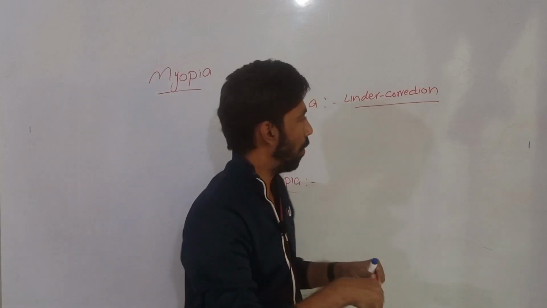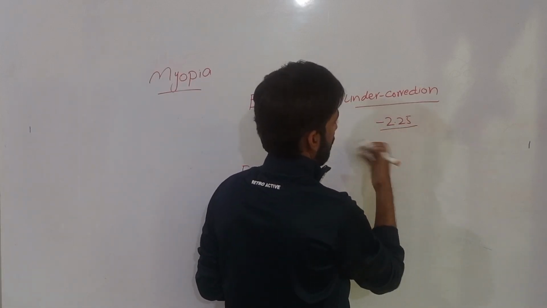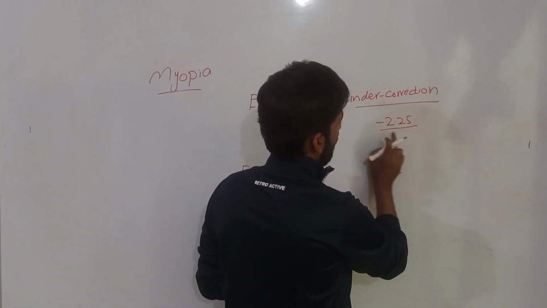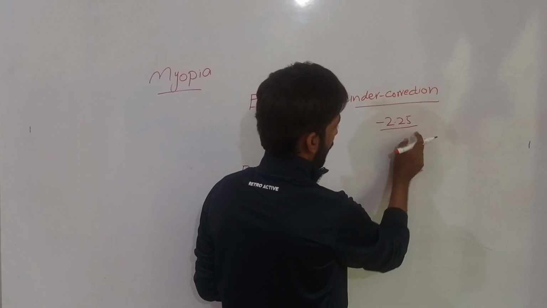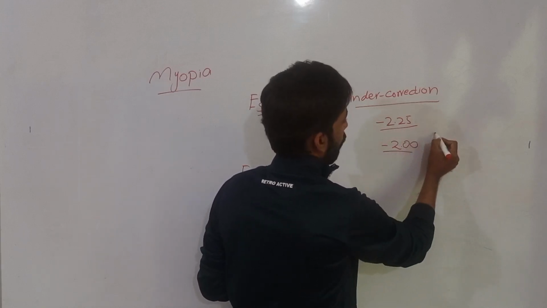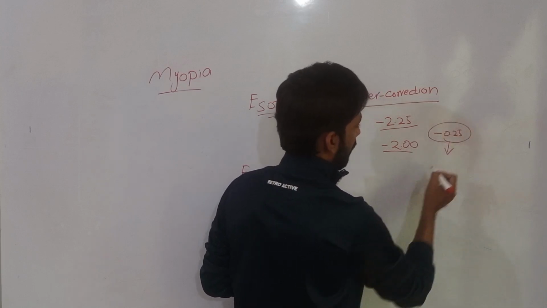If the myopia is of minus 2.25, as I have discussed a few minutes back, we have to prescribe him minus 2. So it means minus 0.25 myopia is still there.